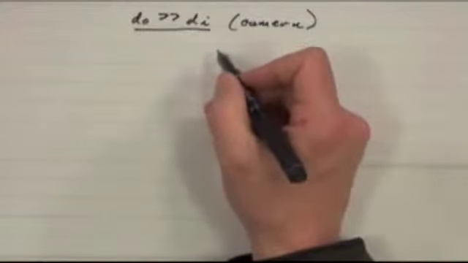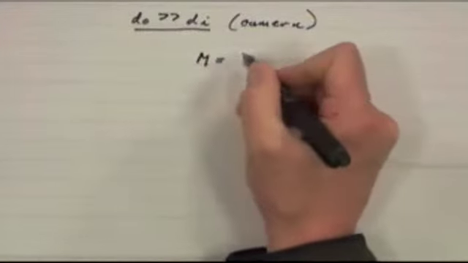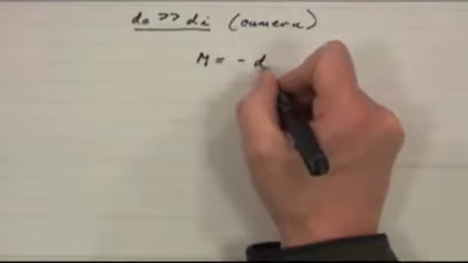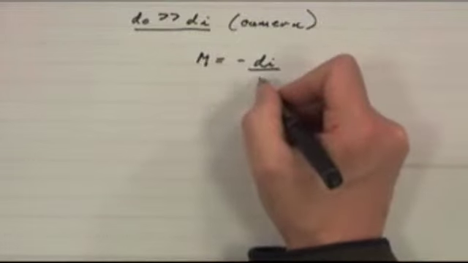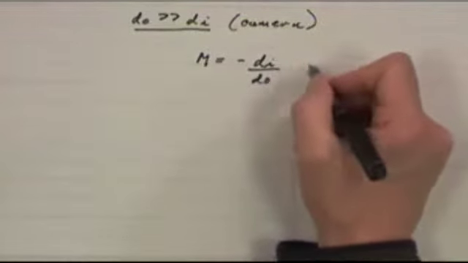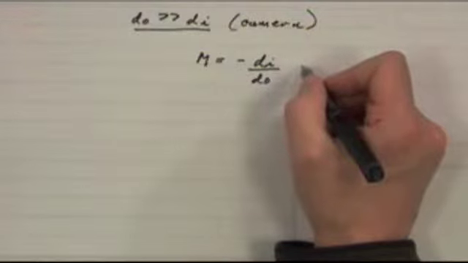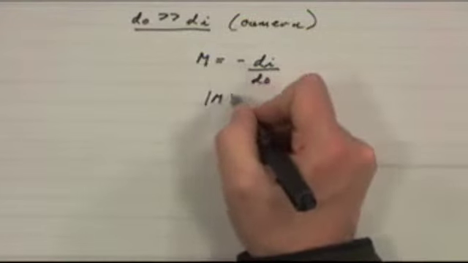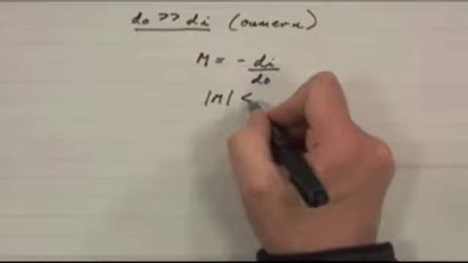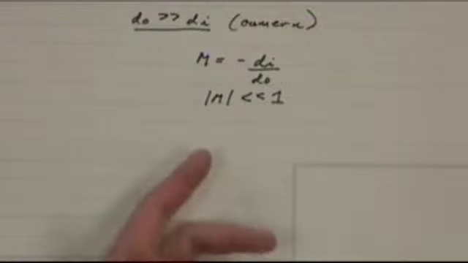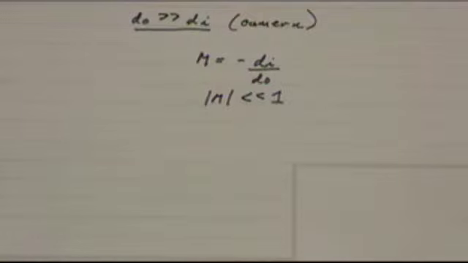What would happen in that case is m equals minus d sub I over d sub O. So the absolute value of m in this case is much less than 1, and the negative sign indicates that the thing is flipped upside down.